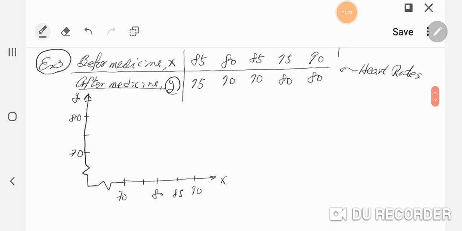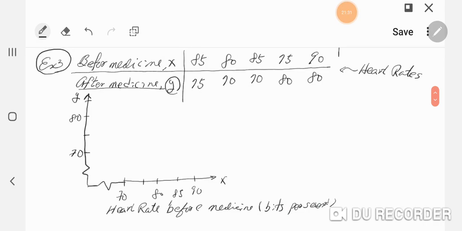The x-axis is the heart rate before taking the medicine. Okay, we can write it over here. Heart rate before taking the medicine, beats per second.